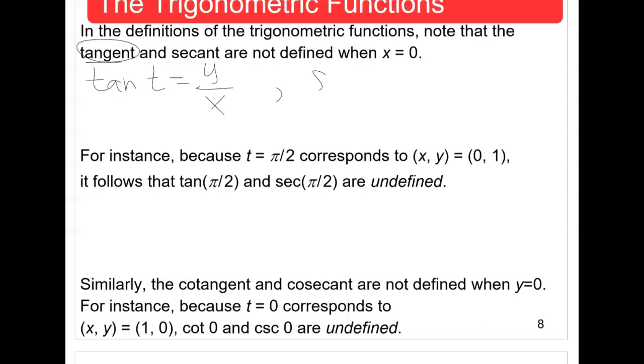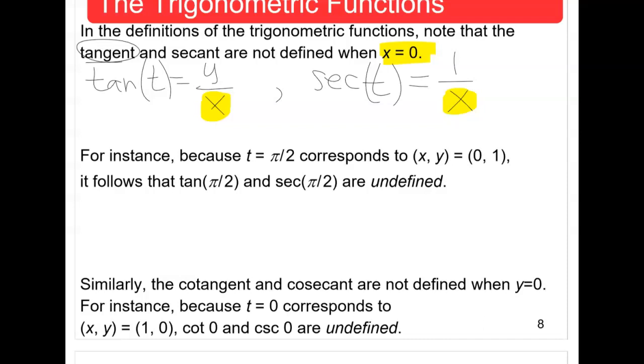And then secant is defined, I like to use parentheses, secant is defined as 1 over x because it is the reciprocal of cosine. So if x was 0, it's like you were dividing by 0, and so that is not possible. We will say, for the purpose of this class, just undefined.